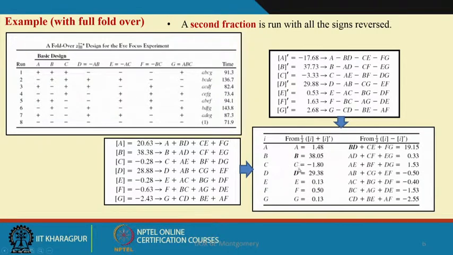So suppose we just look at these values A, B, C, D, E, F, G and see what the value is. What I say is that you can go for a normal probability plot also. If you do a normal probability plot, how many estimates are there? From here you can say A, B, C, D, E, F, G and BD also you can take.